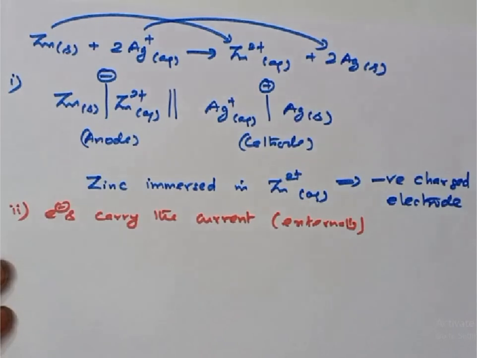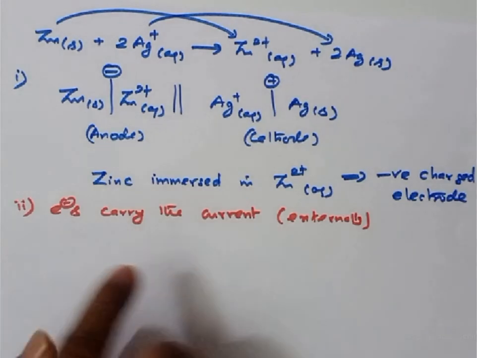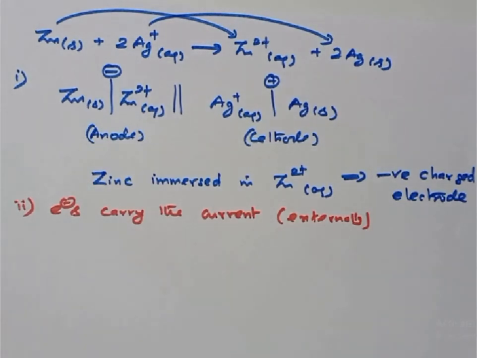Externally, electrons carry the current. Then for neutralization, the ions present in the salt bridge move into the respective solutions, and that carries the current in the solution. But you just mention this one; this is sufficient.